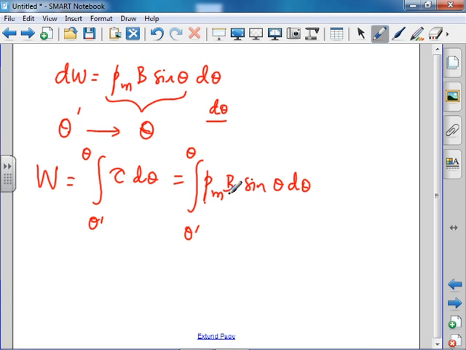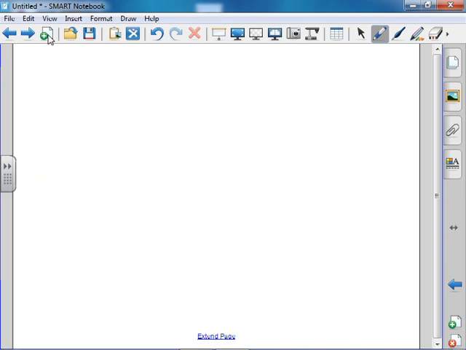Now here PM and B are all constants, take them outside. You have to integrate sin theta d theta alone. If you integrate sin theta, what will you get? You will get minus cos theta. That is the integration formula. So it is equal to PMB into minus cos theta within the limits theta dash to theta.